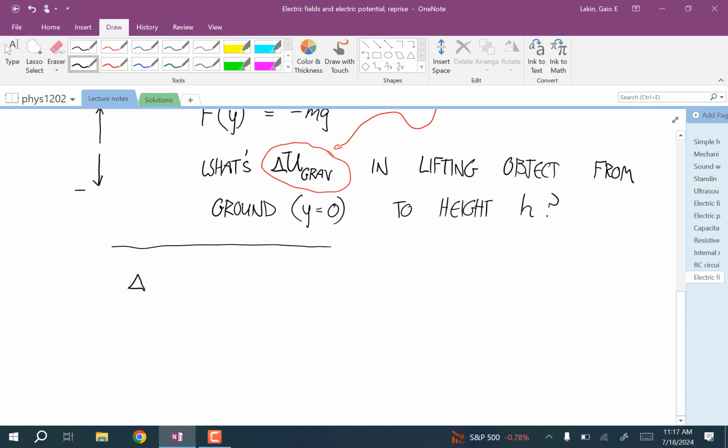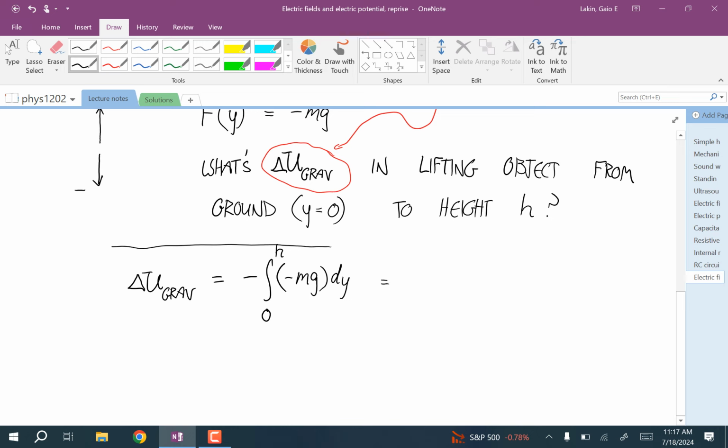Well, the change in gravitational potential energy is negative the integral of the force as a function of y dy, and we are going to evaluate this from the height 0 to the height h. Okay.